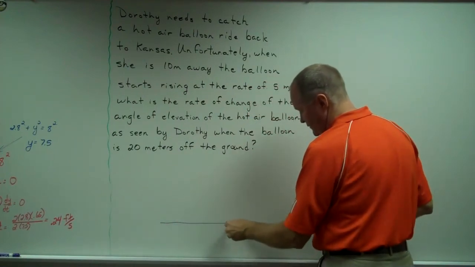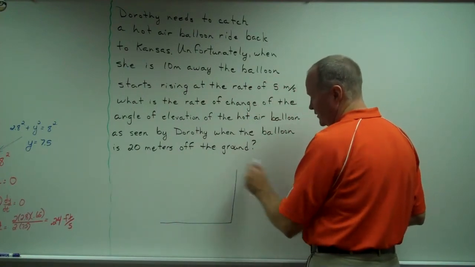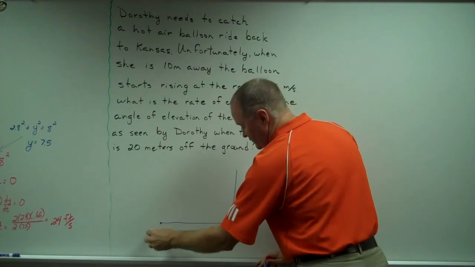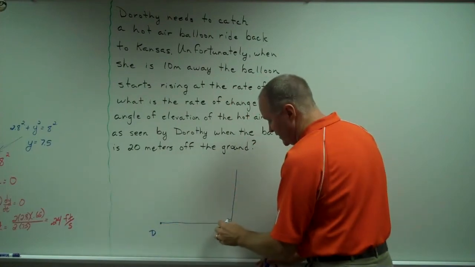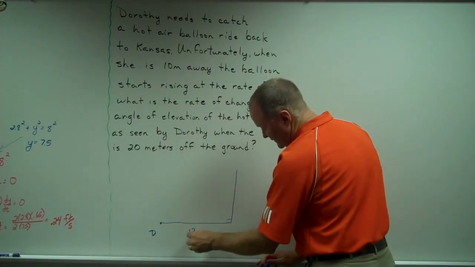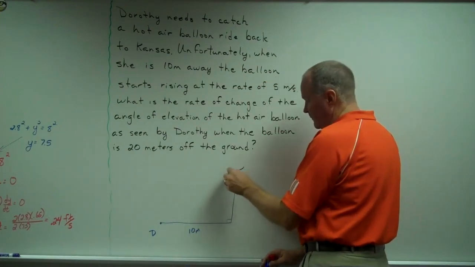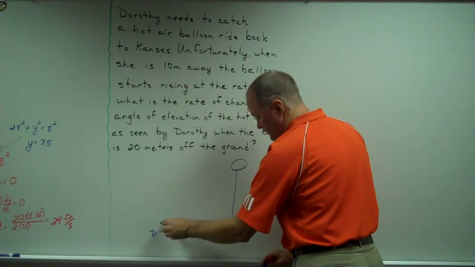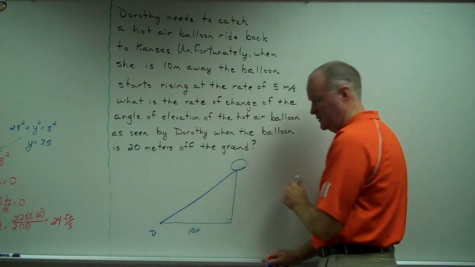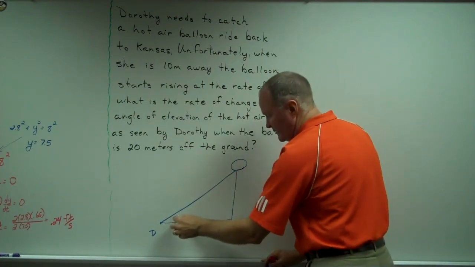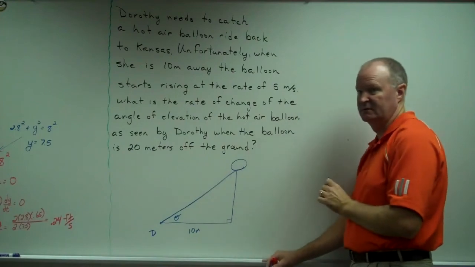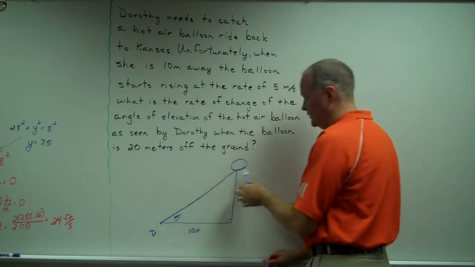There's the ground, there's the balloon. Dorothy's over here. How far away is she? 10 meters. The balloon's up here. This is the angle of elevation. Dorothy's looking at the balloon and starting to cry.